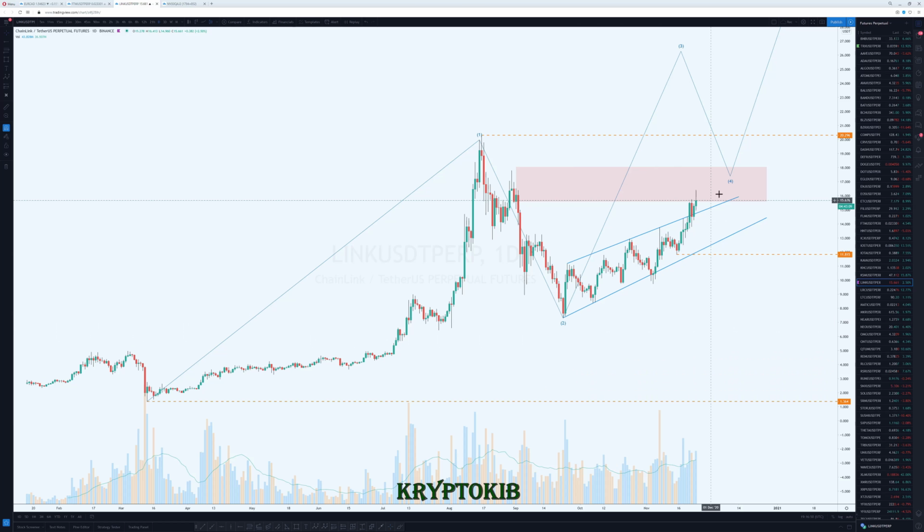This can be our wave 1 of this wave 3. We can have something like this. This will be 0 to 1, 2, maybe 3, 4, 5. Like this.